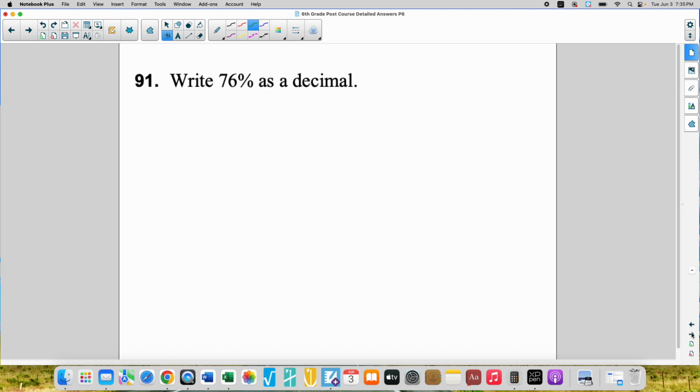Write 76% as a decimal. So there's two ways. You can move the decimal point 2 places, and you get 0.76. The other way you could do is 76% is equivalent to 76 over 100, which is 76 hundredths. Either way is good. This one tends to be the quicker way.